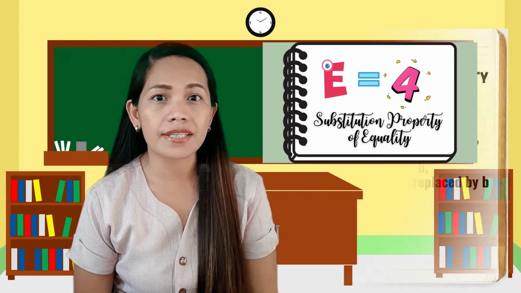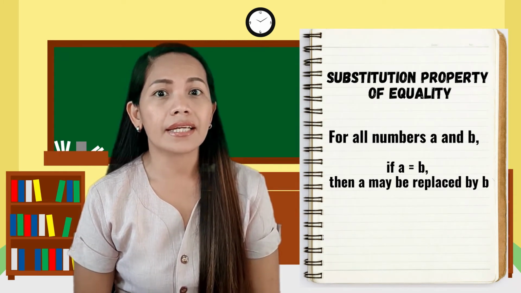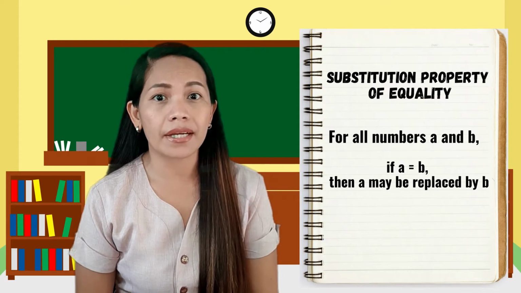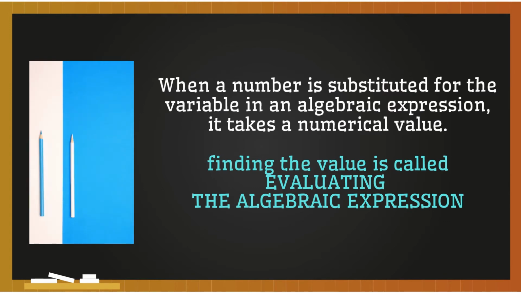In symbols, it says that for all numbers A and B, if A and B are equal, then A may be replaced by B. When a number is substituted for the variable in an algebraic expression, the algebraic expression takes a numerical value. Finding the value is called evaluating the algebraic expression.